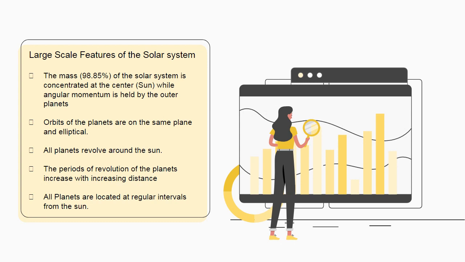The orbits are nearly circular. The orbits are in the same plane, and all planets revolve prograde. When we say prograde, it means rotating counterclockwise, like Mercury, Earth, Jupiter, and Neptune.